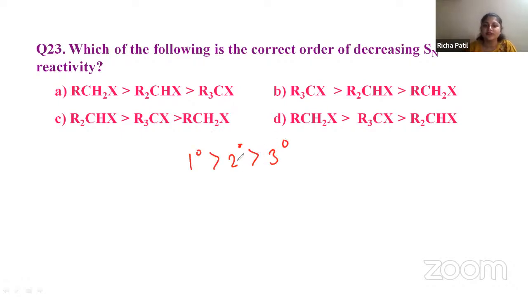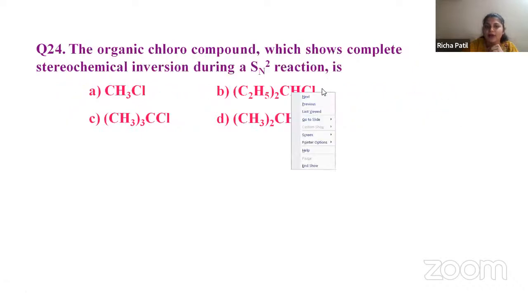Here you can see it is primary carbon in A: R, only one, then R2, then R3. So it is A. Remember, in SN2, primary is more stable than secondary and then tertiary, and for SN1, tertiary is more stable than secondary and then primary.